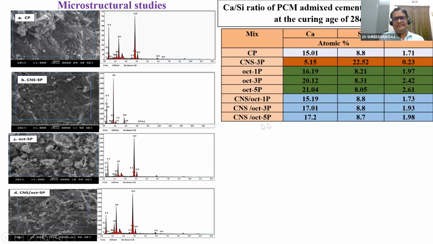Whereas the moment I add nanoparticles, this reduces, meaning the formation of the hydration products is getting better. So I can say it is always a go-ahead with the combination of phase change material in addition to nanoparticle kinds of materials.